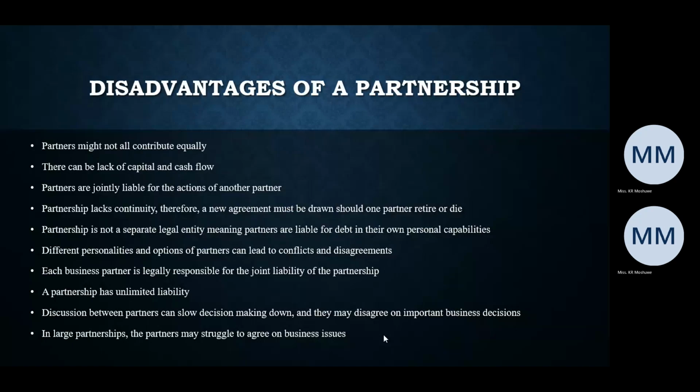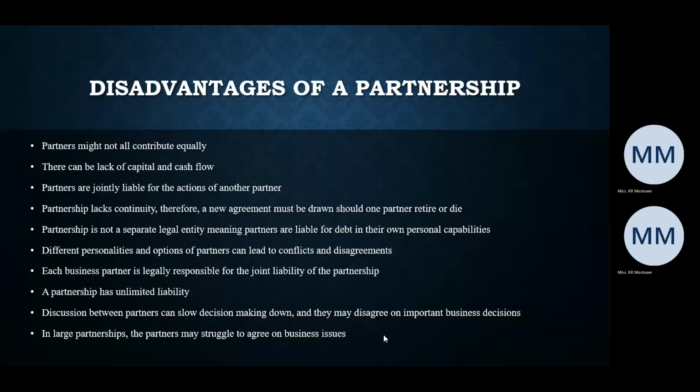You can't continue the company if one partner decides to leave or, for instance, passes away. The company is not going to continue because you need to draft up a new partnership agreement. You must change the form of ownership or go start a new company with either someone else or a different form of ownership.